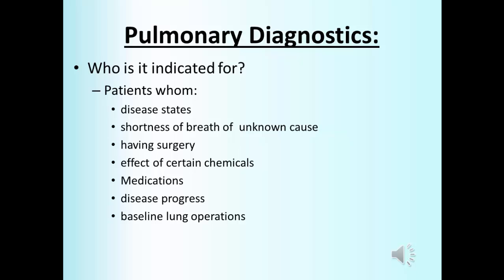If there's an unknown cause of shortness of breath, if the patient is having surgery and they need to ensure their lungs are working properly, if the effect of certain workplace chemicals is being investigated, such as a Dow employee being exposed to a certain chemical, if they're using certain breathing treatments like albuterol and they want to test how it's working, or if they want to gauge disease progress, such as with COPD, asthma, or bronchitis. And also to establish a baseline.